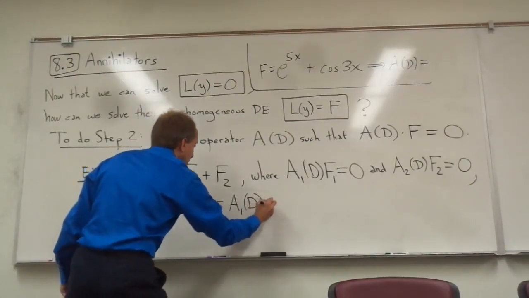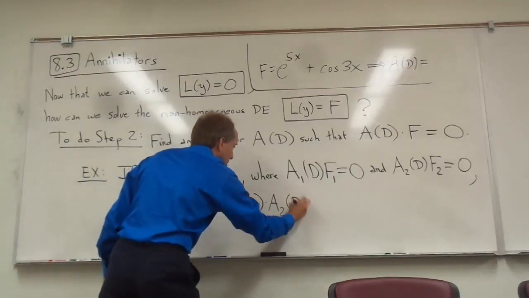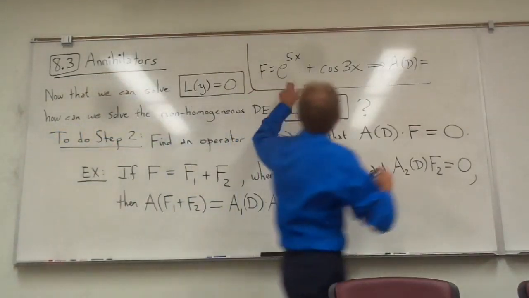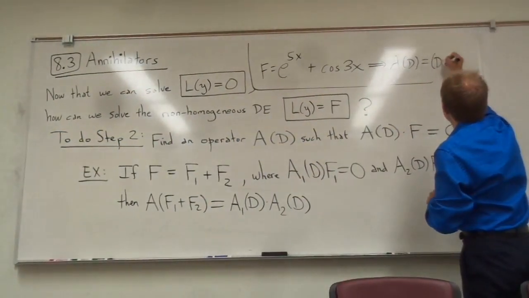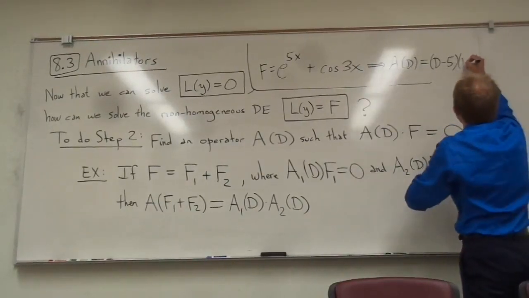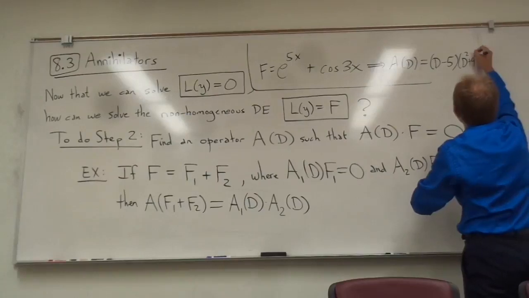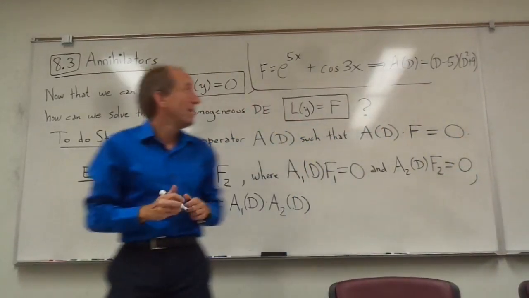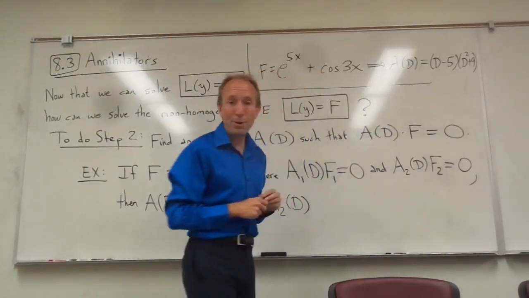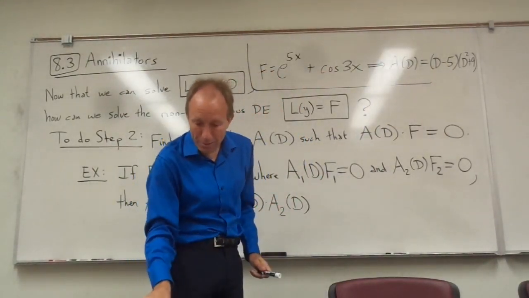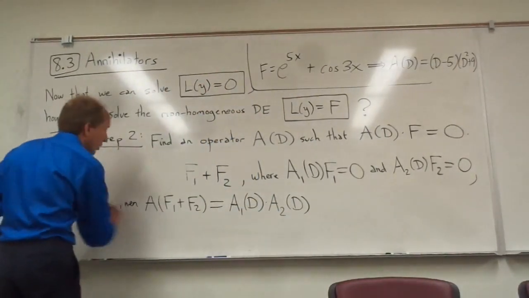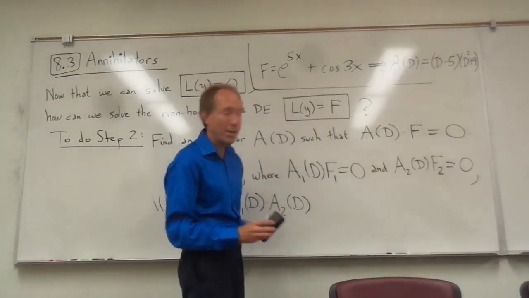So you don't add the annihilators, you actually have to multiply those annihilators in order to annihilate a sum. So for example, the annihilator of e to the 5x would be D minus 5, and the annihilator of the cosine of 3x would be D squared plus 9. So this would be your annihilator for this function, capital F. Anyway, there's a whole table of annihilators that you can use, and it will work for a lot of functions, capital F, that you might have.